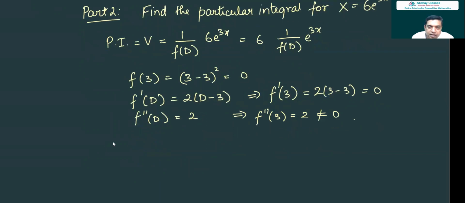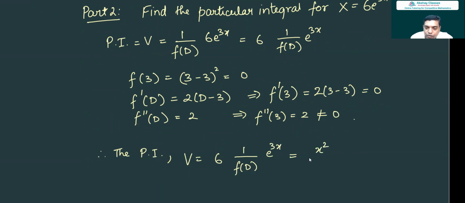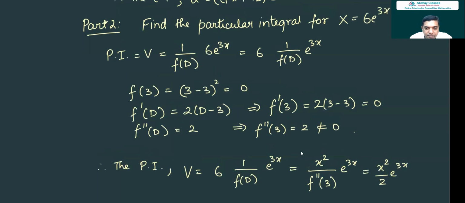Therefore, the particular integral is 6 times 1 by f(D) e^(3x). When the second derivative is not 0, you get x² upon f''(3) e^(3x). So we get x²/2 e^(3x). This is the particular integral.